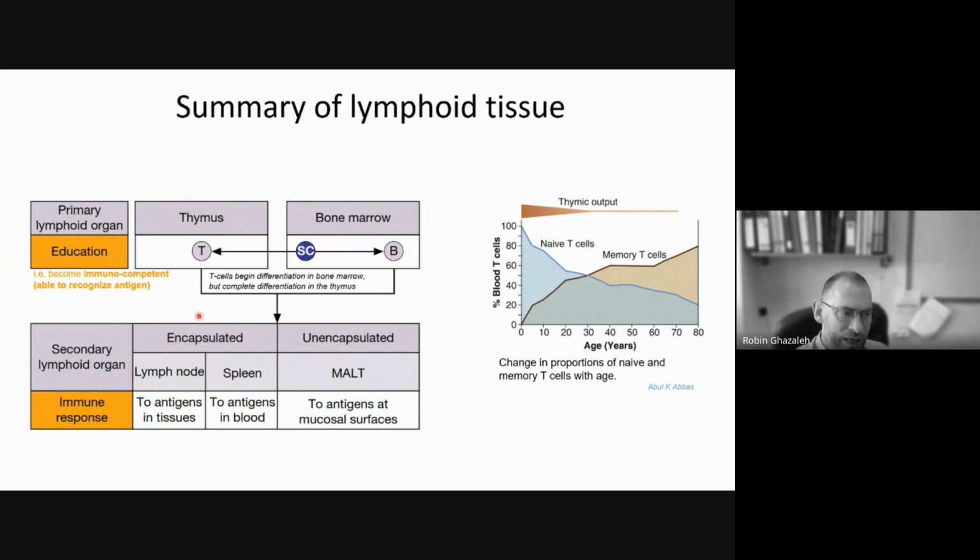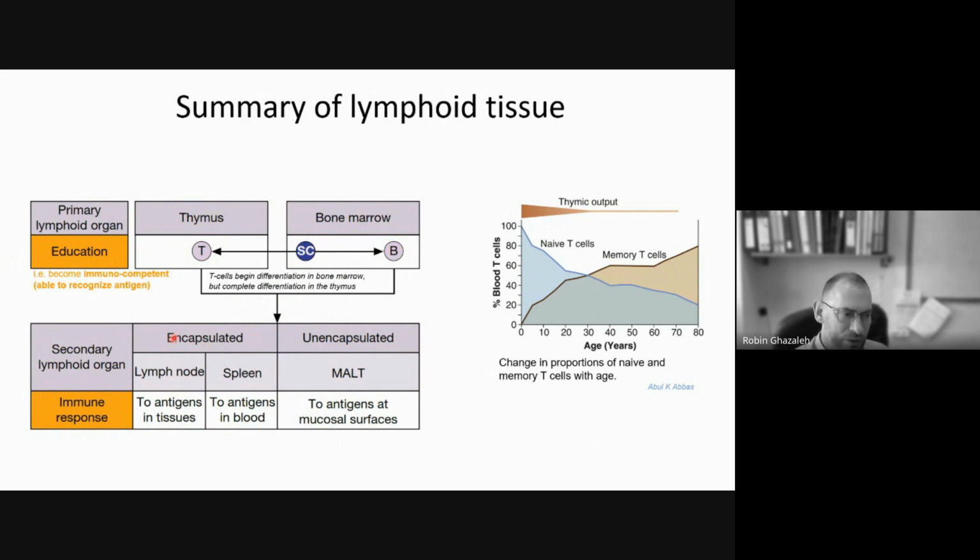These are what are called encapsulated lymphatic tissue, in distinction from what are called unencapsulated. Here these tissues are surrounded by a capsule. Most of our organs have a tough shell around them, a capsule, regardless of whether they're lymphoid or other.